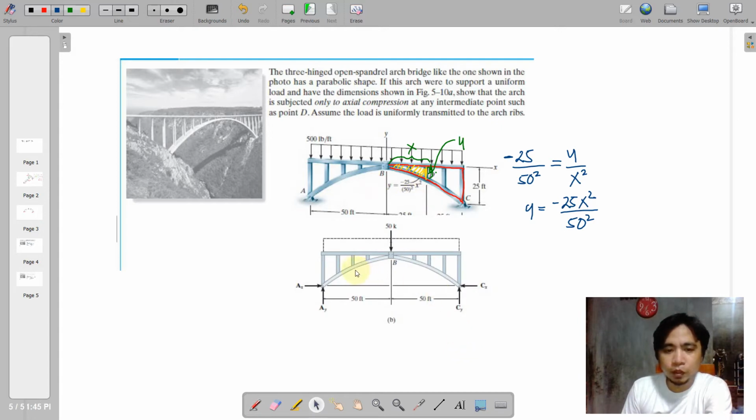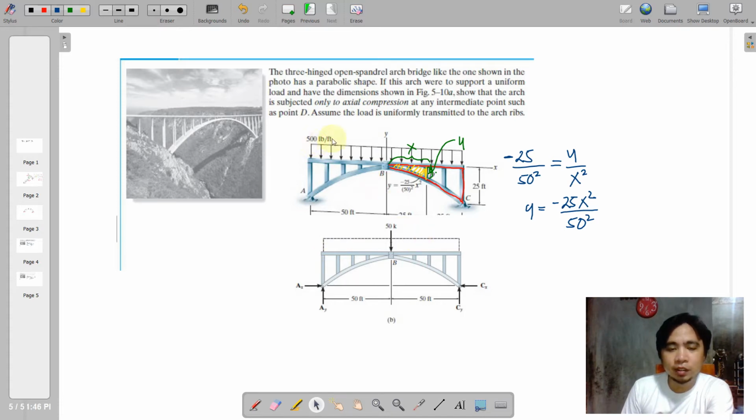So moving on, we are going to have the idealized structure here, naming our A, B, and C points. So first, we are going to consider the whole structure in order to come up with AY and CY, and it is just sharing the symmetrical load here.